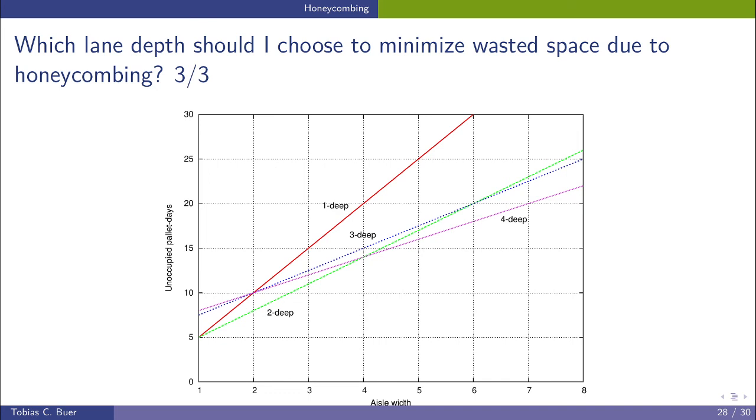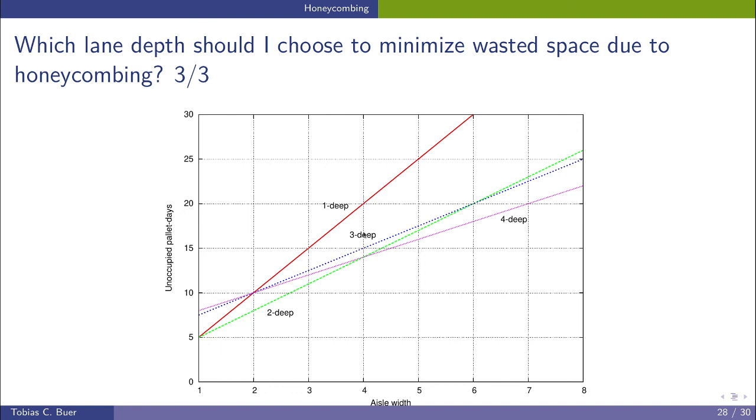Okay, but this gives you an idea how we can analyze this impact of honeycombing. And you see, of course, for large aisles, like at the value of 4, the 1 deep storage option wastes a lot of space, which is clear.